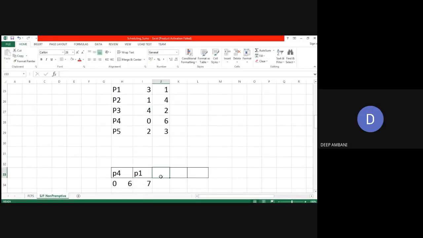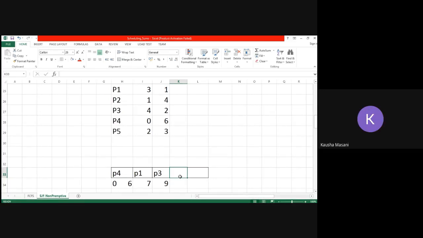Then P5. The entry here will be 12. And the last one, P2. The entry for it will be 16.